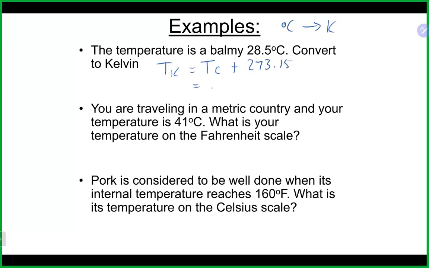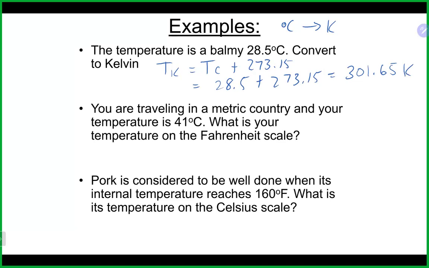Here we'll put in our number, 28.5 plus 273.15. And if we do all that on our calculator, we're going to get 301.65 Kelvin. Remember, we don't use the degree sign here with Kelvin, so it's just Kelvin.